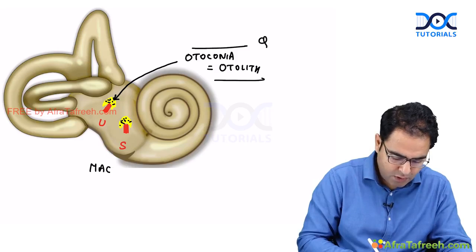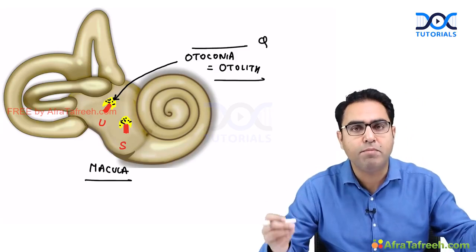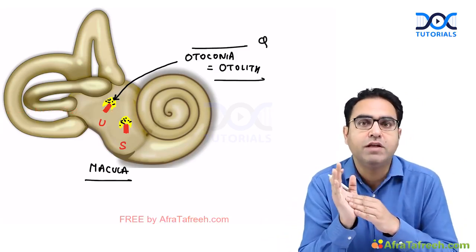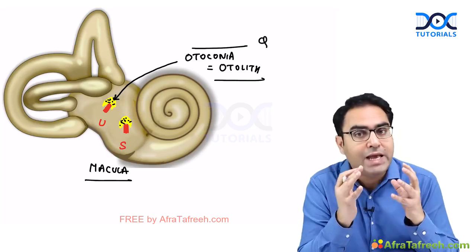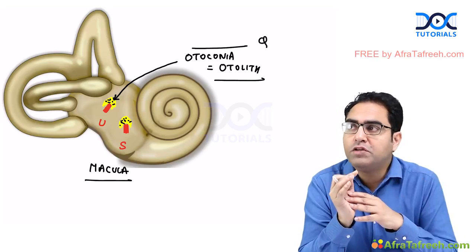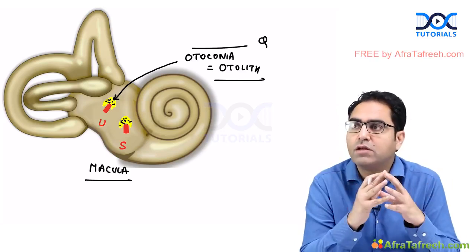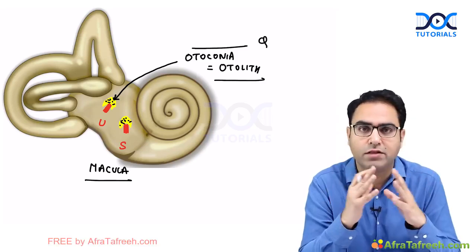Where are they found? They are found in the gelatinous layer of the macula. Once again, saccule and utricle have a sensory end organ, red in color, the macula. It's covered by a yellow gelatinous layer which has calcium carbonate crystals, and these are called otoconia or otolith.